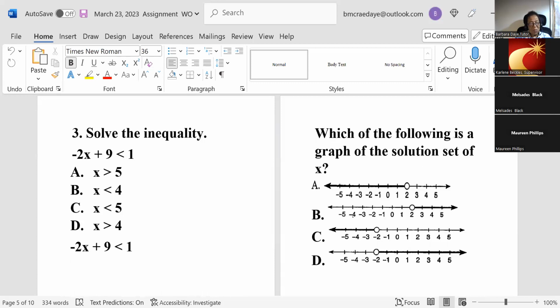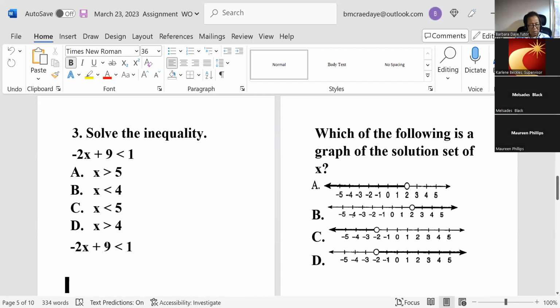Less than 1. So what do you do? Maureen, you just got to get your constant 9 on the side with the 1. So what do you do? We subtract. That's it. You subtract what? 9 from 1 or 9 from 1?